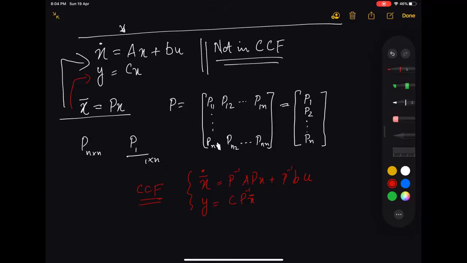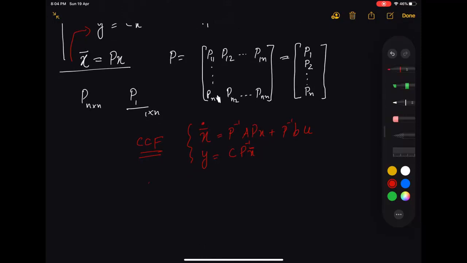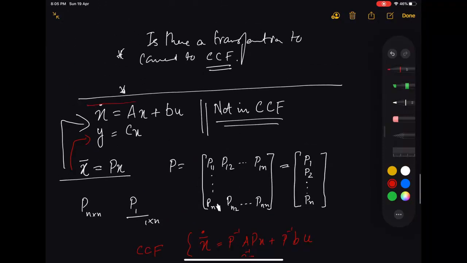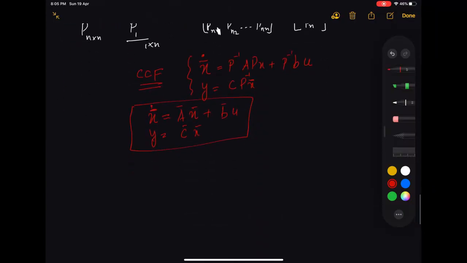We have assumed this, and we can write this in a compact way like this: x bar dot = A bar x bar + B bar u, and y = C bar x bar. So you had an initial system which was not in controllable canonical form. You applied this similarity transformation, and you got the system in controllable canonical form, given like this.